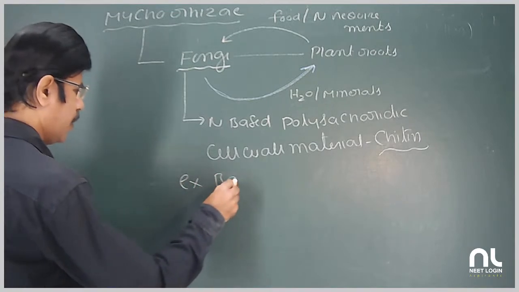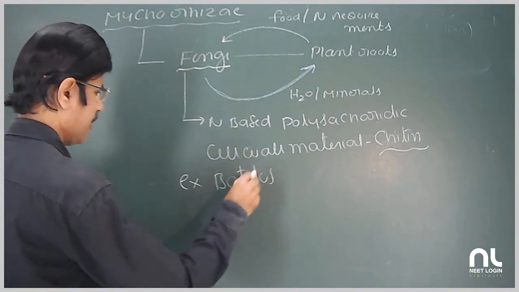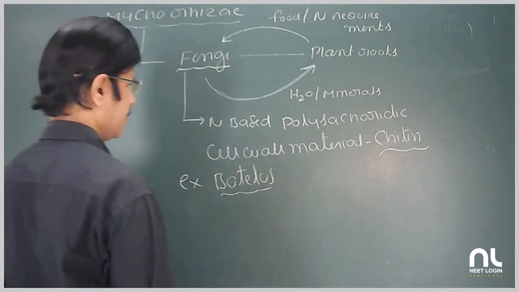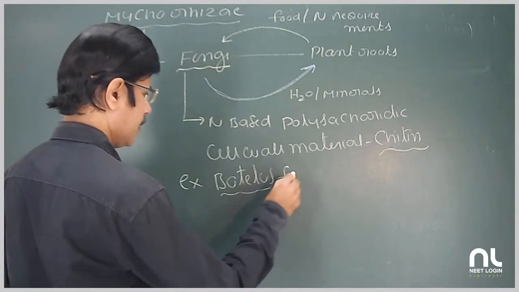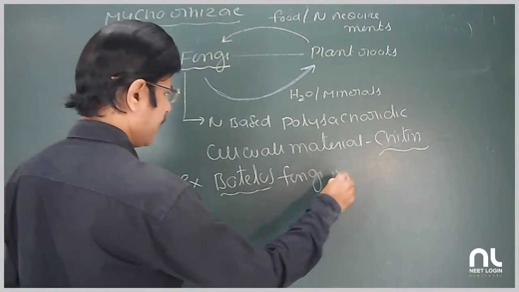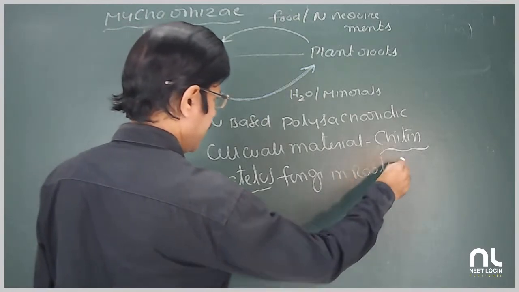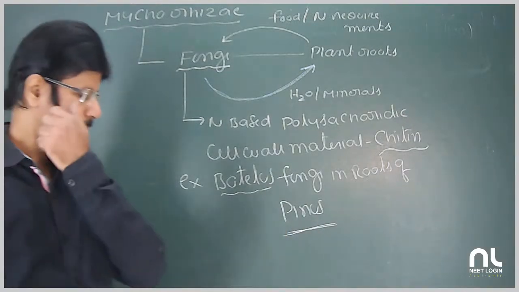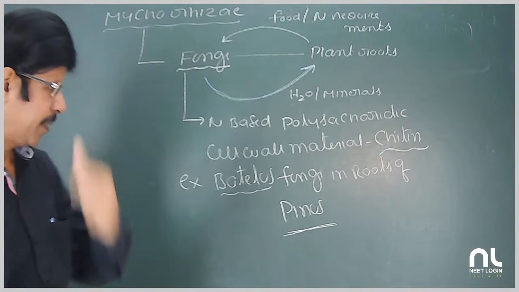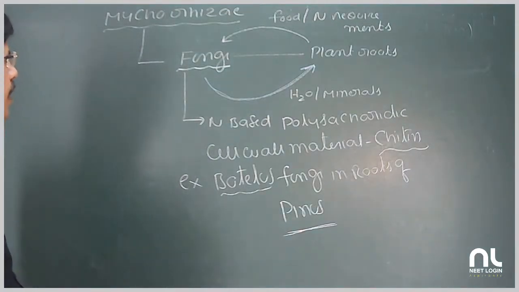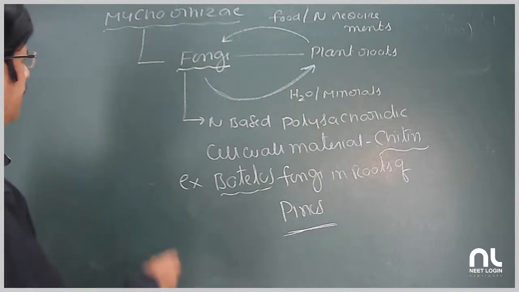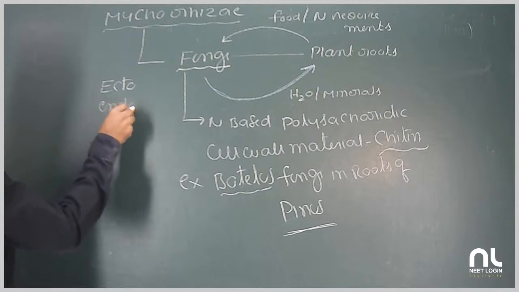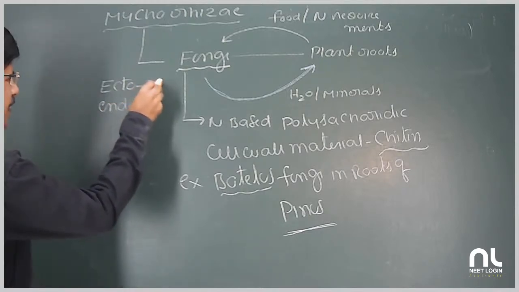Example, Boletus fungi in roots of Pinus. It is ecto and endo. Ecto on the surface of the root.